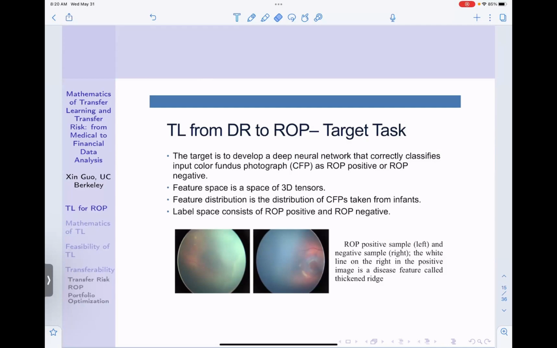Basically you go to see a doctor, you put your head in front of the machine, and they take these color fundus photographs and see the image of your eyes. Then you can create a feature space, and look at the distributions of these different images. And then you do this feature extraction and the classification.